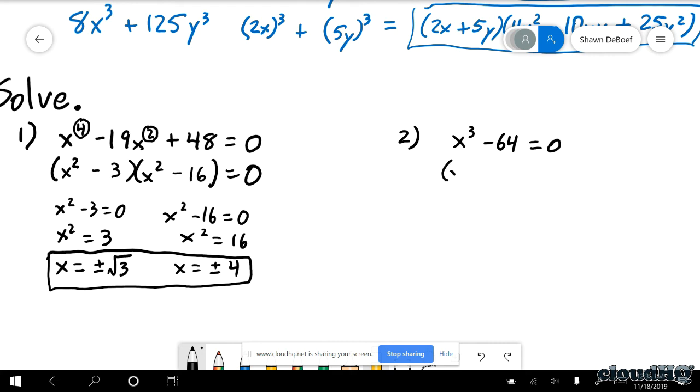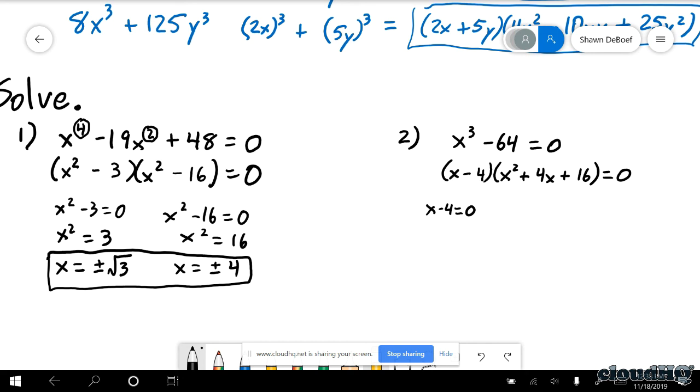It's the fun factoring problem. 64 is the cube of what? 4. So we get x minus 4. Then it's x squared plus x times 4, that would be 4x, plus 4 squared, that's 16. So we factored it. And then set each one of those equal to 0.